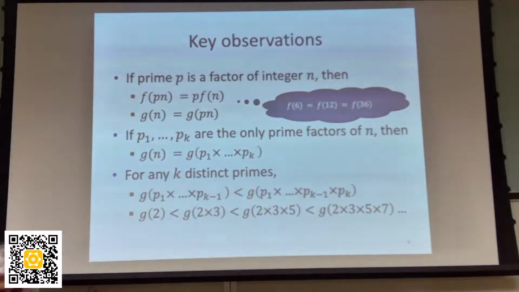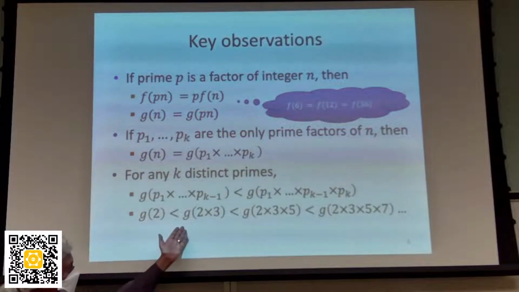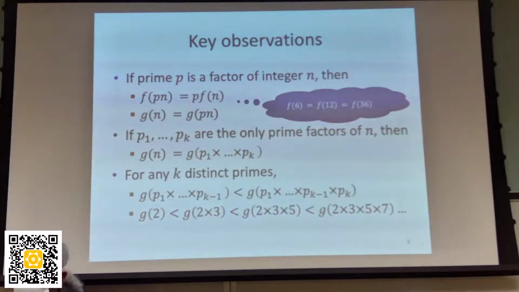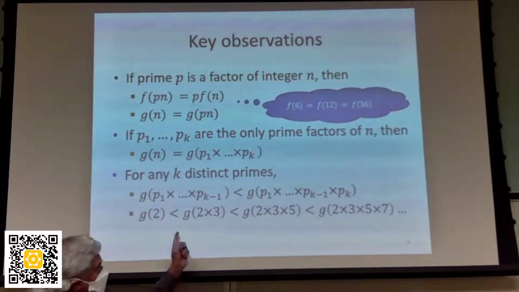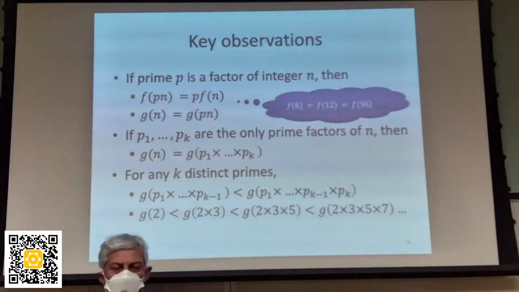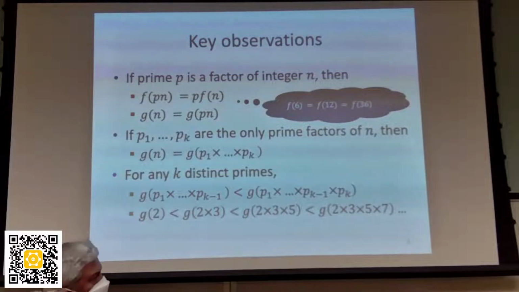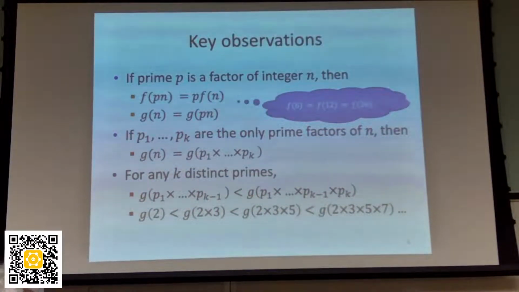We know that g of 2 is going to be 1 divided by 2, right? g of 2 must be less than g of 2 times 3, because now we have 2 prime factors. 2 is already going to cross off every alternate one, but 3 will knock off a little more. So if you have 2 and 3, it's going to be better than just 2. If you add 5 to it, it's going to knock off even a few more. You have 7, it's going to knock off a few more. So your density will increase. The fraction will increase. Are you with me so far?